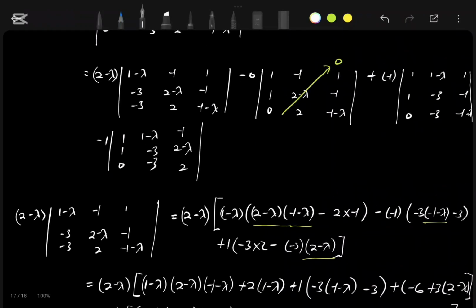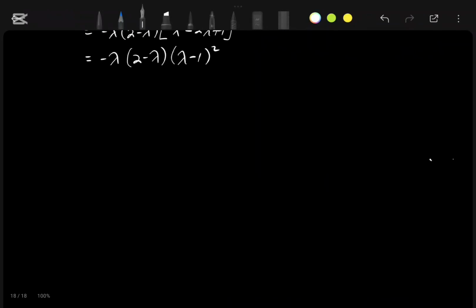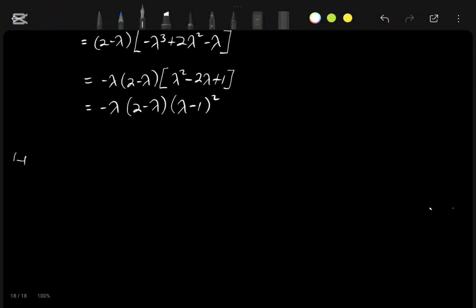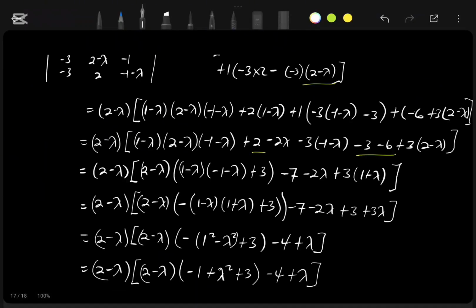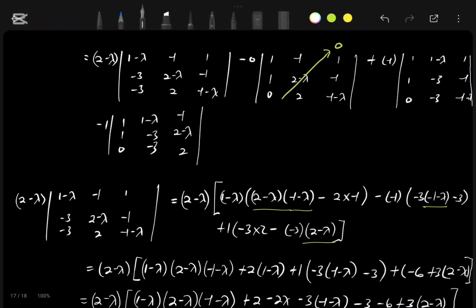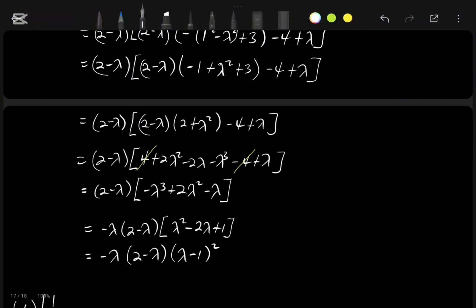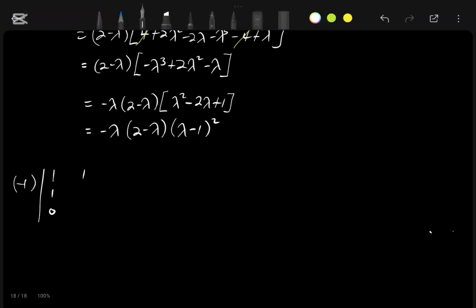So for the next term, we have minus 1, 1, 1, 0, 1 minus lambda, minus 3, minus 3, 1, minus 1, minus 1 minus lambda. So expanding this, we have minus 1.